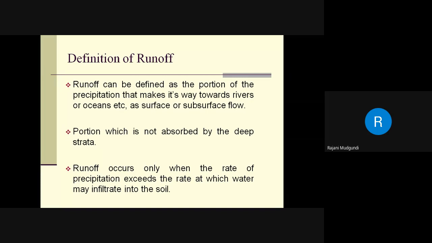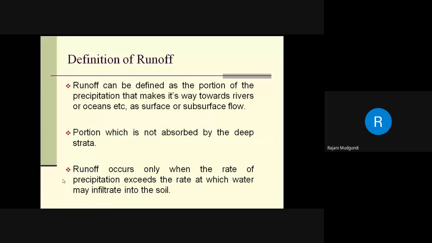Runoff occurs only when the rate of precipitation exceeds the rate at which the water may infiltrate into the soil. Now this is very important to understand what is meant by runoff.